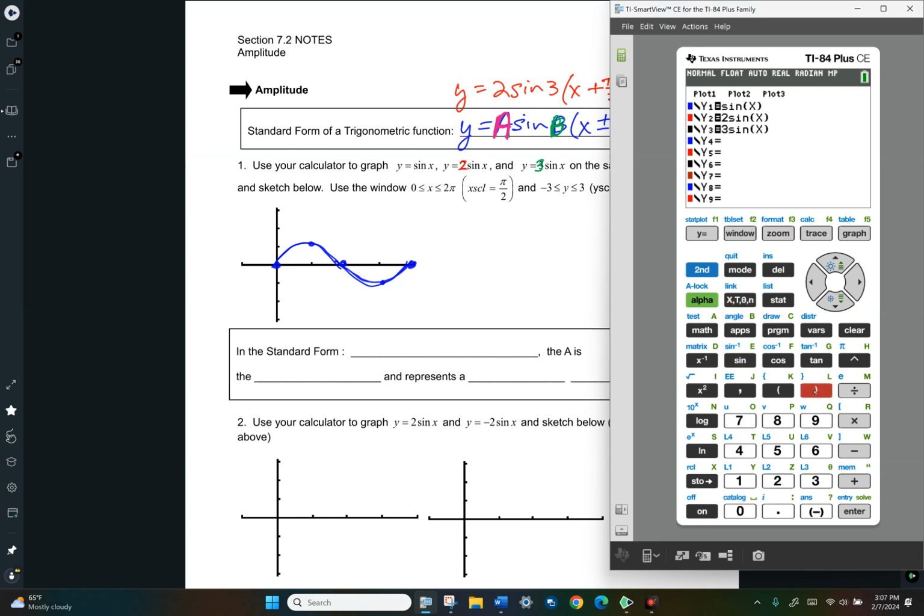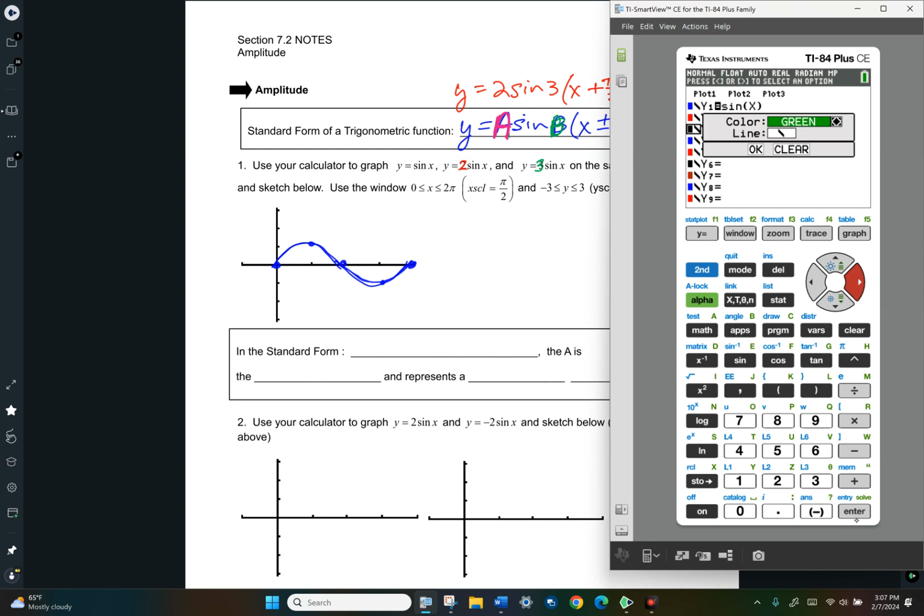Since I have blue on the sine of x, I'm trying to get it to match what I have on the screen, and I have red on the 2 sine. I wonder, does this have green? I bet it doesn't. Let's see, can I get green? Ooh, magenta. I don't want that. What other colors? Oh, there we go, green.